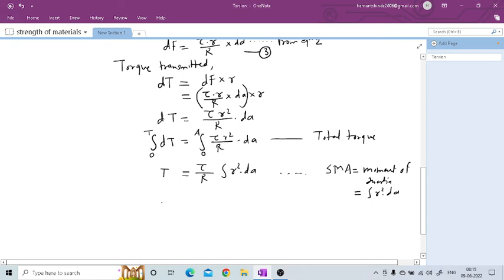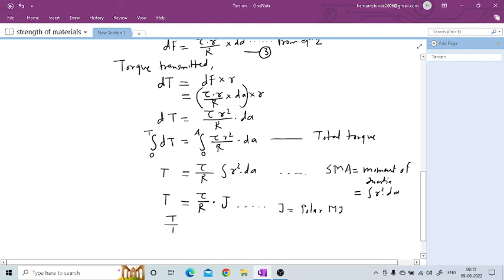So the moment of inertia about ZZ axis is nothing but the polar moment of inertia. So I will mention it as J. J means polar moment of inertia.